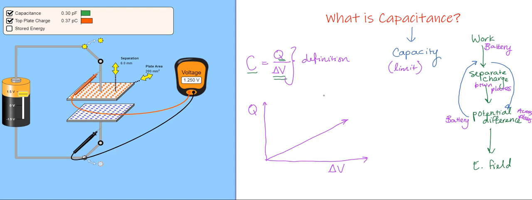And if I write this out, I see that this is a linear graph, y equals mx. And I see that y can be substituted with q, that x can be substituted with delta v, and then m, it becomes clear, is the ratio that fixes these two values together in this particular scenario, and that's capacitance.